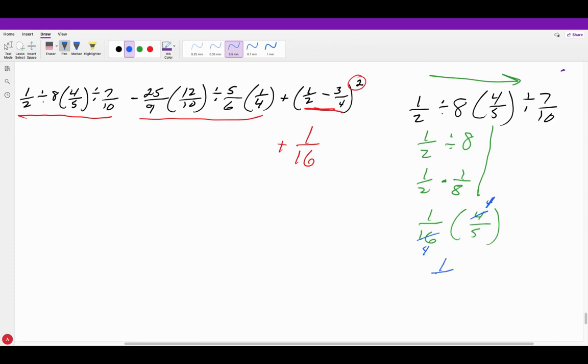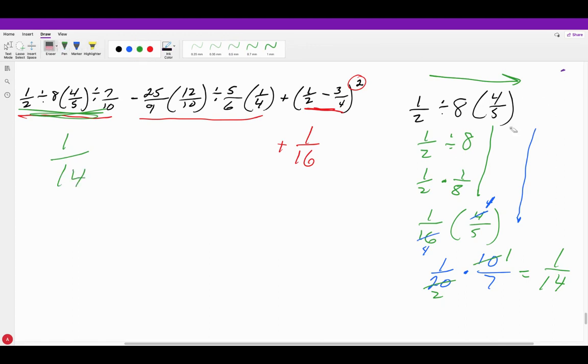So 1 times 1 is 1 and 4 times 5 is 20. Then I'll bring down this divided by 7 over 10, which becomes multiplied by 10 over 7, which 10 goes into 20 twice and 10 goes into 10 once. So now we're left with 1 over 14. So this entire part gives me a positive 1 over 14 in return after I do all the work.